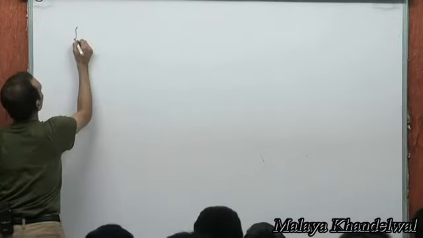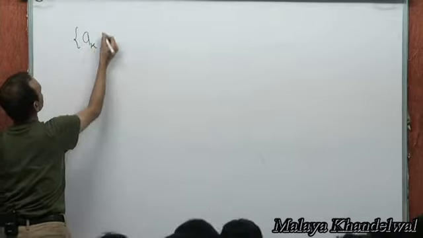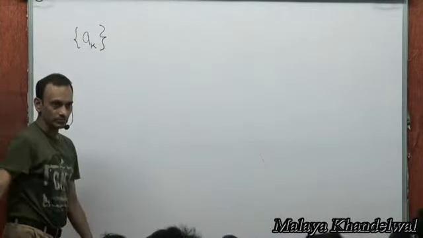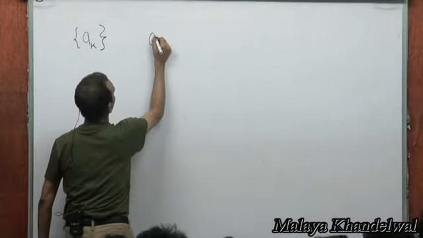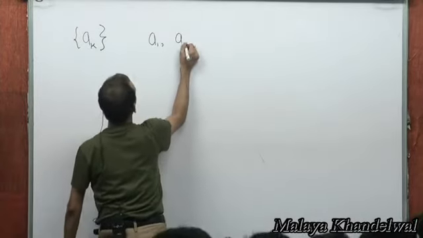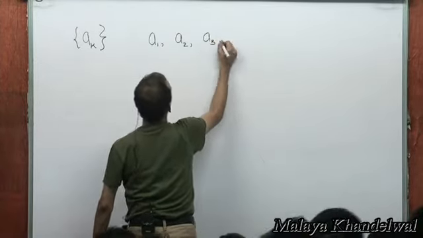Take a collection of numbers A_K of the following kind: A1, A2, A3.